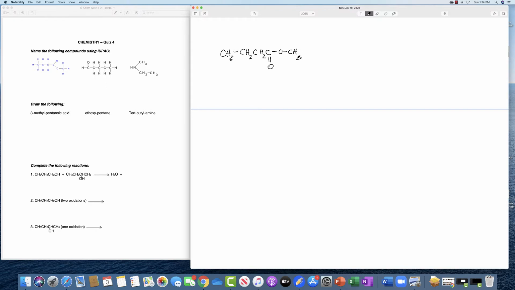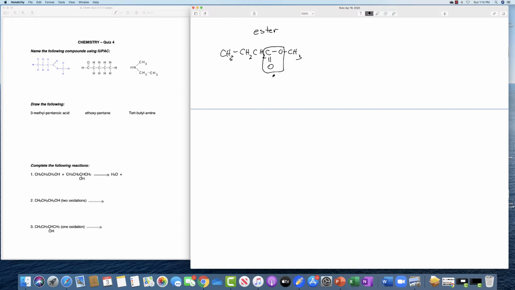First of all, you have it written out like this. And I always focus on this part, because this part tells you what this is. This tells you this is an ester. If you have a C double bond O like this, you have an ester.